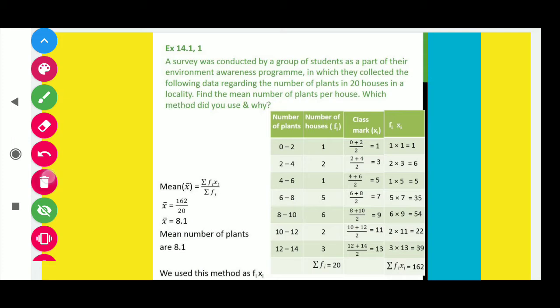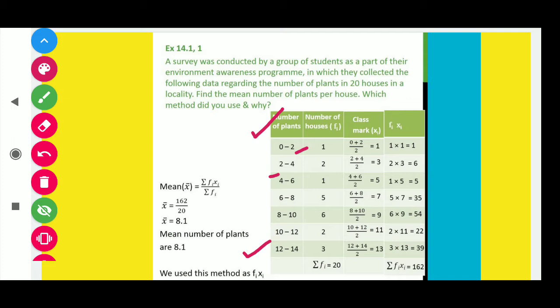With the solution, here you can see the number of plants 0 to 2, 2 to 4, 4 to 6, so on up to 12 to 14. स्टूडेंट्स, आप यहाँ देख सकते हैं कि जो डेटा है वो कैसा है, ग्रुप्ड फ्रीक्वेंसी डिस्ट्रीब्यूशन. ग्रुप्ड फ्रीक्वेंसी डिस्ट्रीब्यूशन हम किसे कहते हैं?